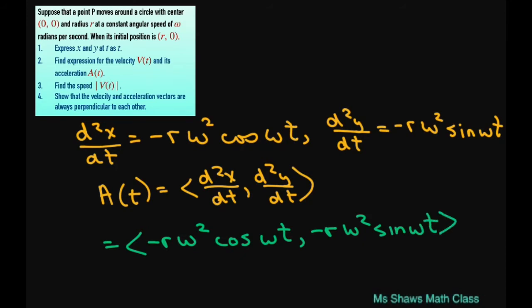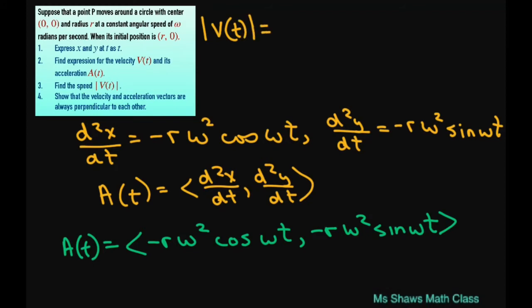Now to find the speed. For your velocity of t, that's just your distance, where you take the absolute value of your velocity of t.